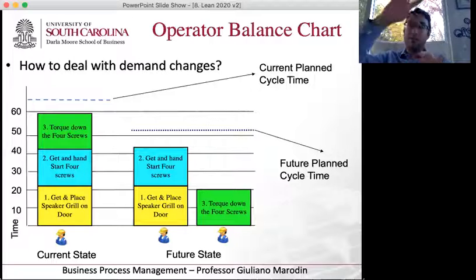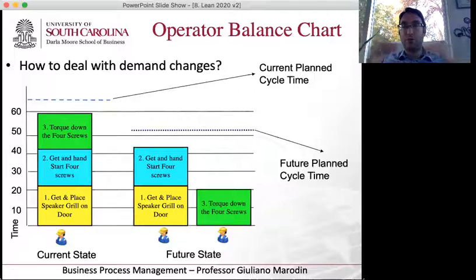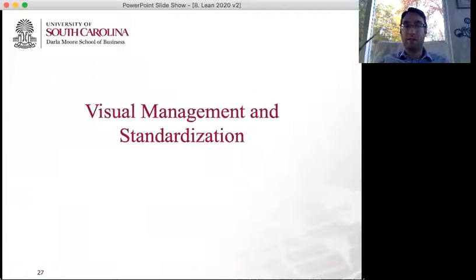So I can divide the work element on the top, put it to another worker, and then I have 2 workers doing the job. So that's the important part of the element and the operator balance chart: to balance the workers and the work within the workers according to the demand of the customer. Remember, flexibility is a key part here, okay?